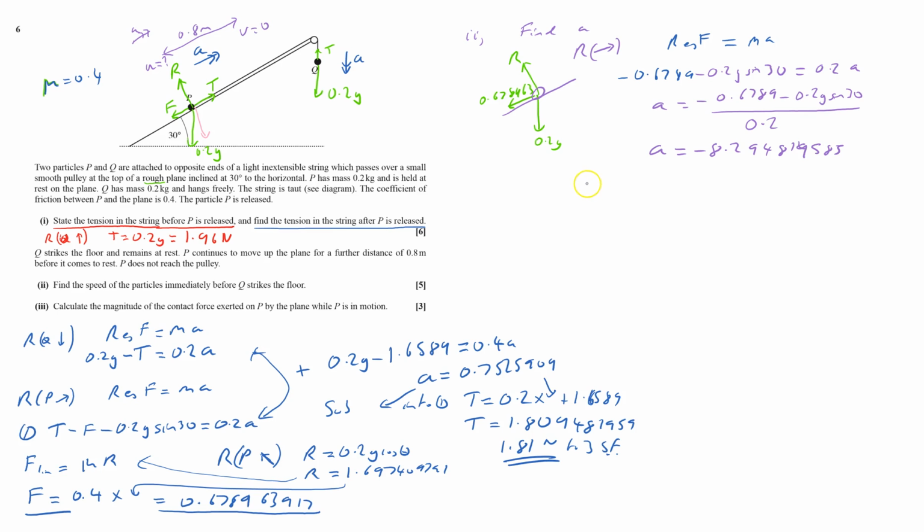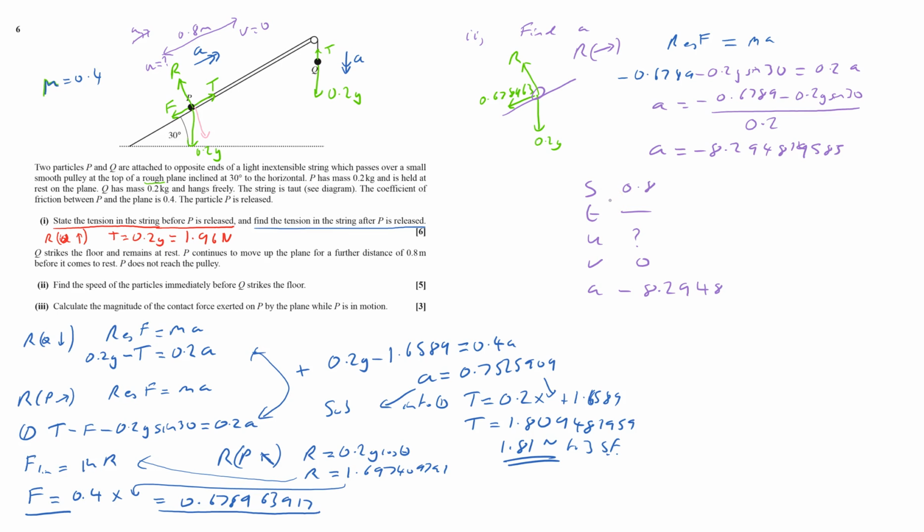Now I've got constant acceleration, so now I can work out what it is. I've got SUVAT, because that acceleration will stay the same the whole time. That's minus 8.294, etc. Final velocity we know is 0. Initial velocity is what we want to find. Time we really don't care about, and S is 0.8.